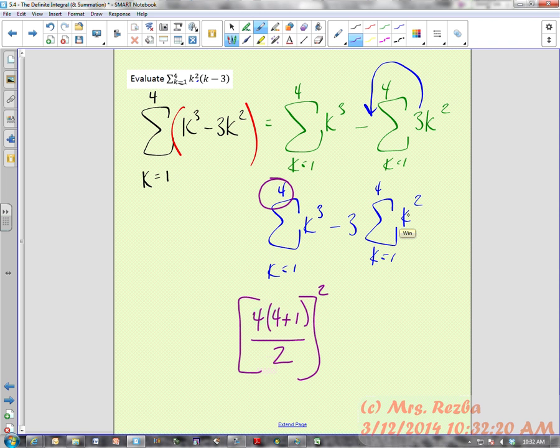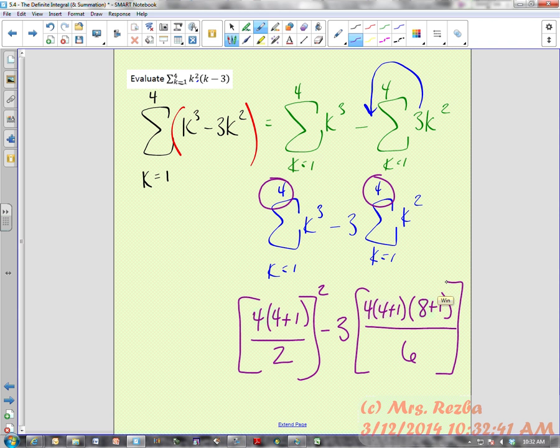Here we have a k squared term. Remember, k squared is n times n plus 1 times 2n plus 1, all divided by 6, so minus 3 times that quantity. Our n still is 4. So 4 times 4 plus 1 times 8 plus 1, all divided by 6.